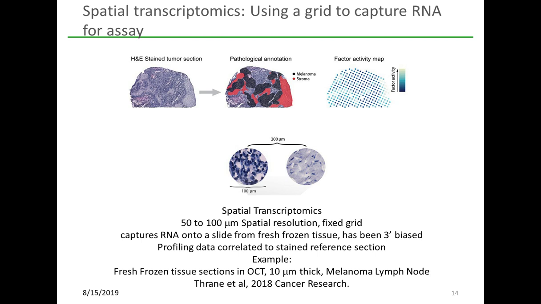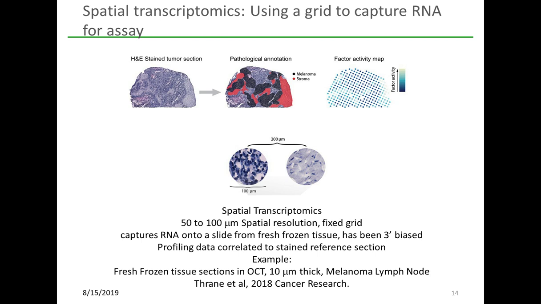It's a method where you basically print an array of capture molecules on a slide, put frozen tissue down on top of that, release the RNA, it's captured, and then you profile. So it's a grid. In this publication, each spot of the grid was 100 microns in diameter, and the center-to-center distance was 200 microns.